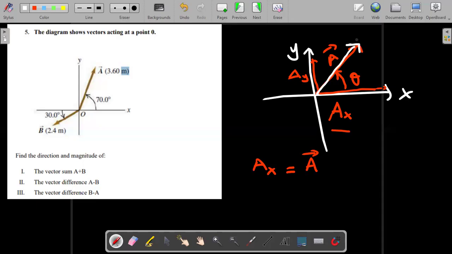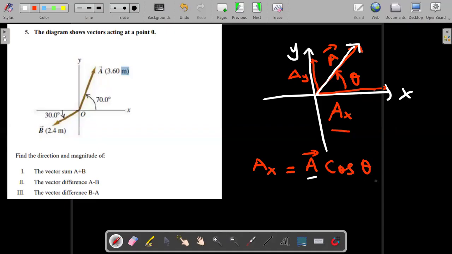The length there, the magnitude of A, is the part which I've written. Then what follows is you write cos theta.